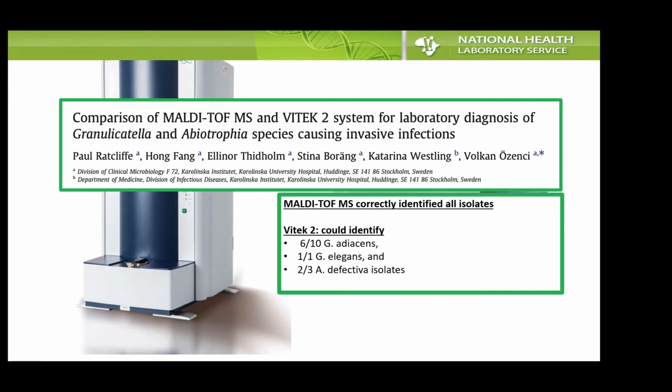Unfortunately, it's from 2013, and it's very small. There were only 14 isolates. We can see that although MALDI-TOF was able to correctly identify all the isolates, Vitek2 only managed to identify 9 of them. Just of note, they used 16S as the gold standard in this study.